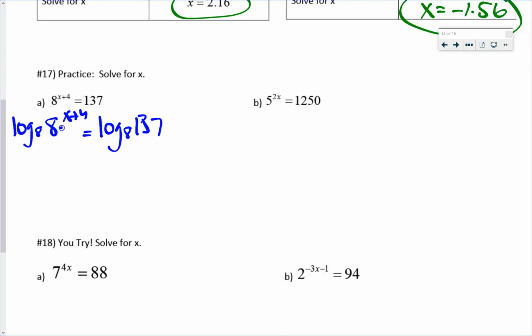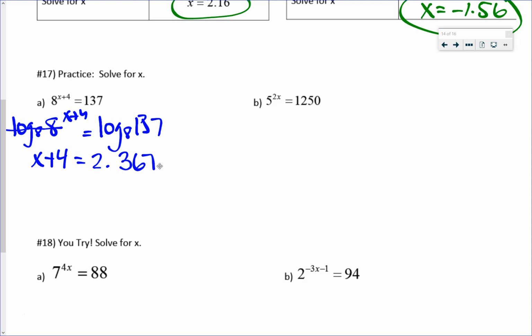All right. On the left-hand side, those cancel out. We're left with just an x plus 4. I have to evaluate log base 8 of 137. 2.37. Can someone confirm? Confirmed. 2.36, 6 repeating.